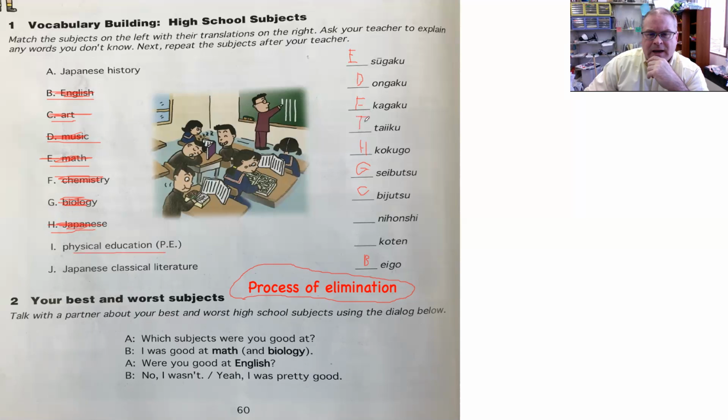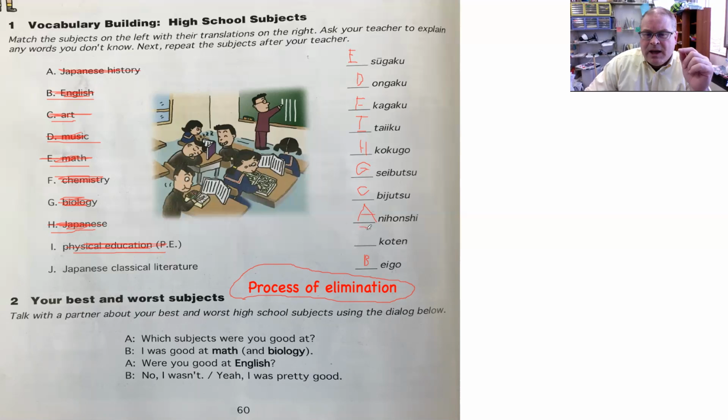So I go to I. Now I've got Nihonshi and Koten. I know that Nihonshi is Japanese history. I'm going to guess it's Nihonshi, A. And that means the only one left, Japanese classical literature, is Koten.